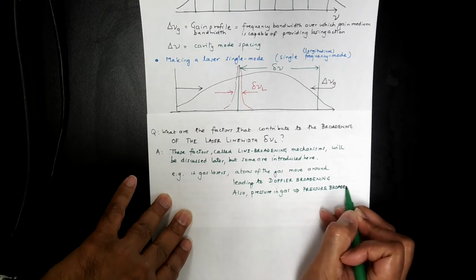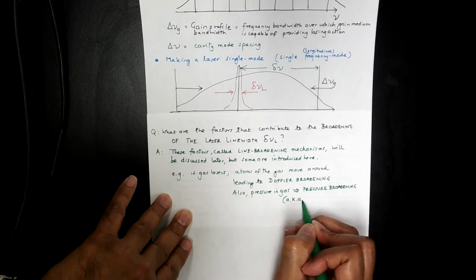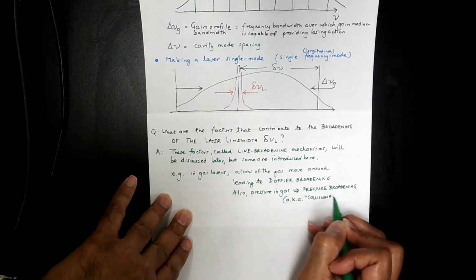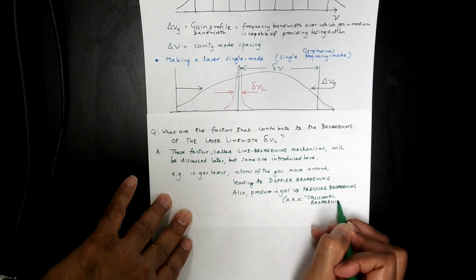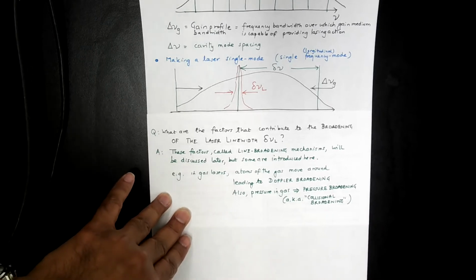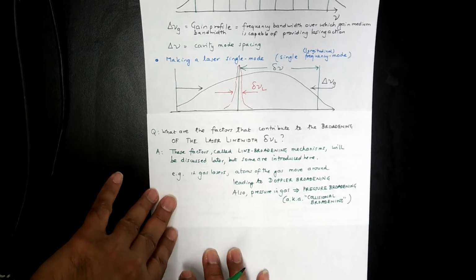Pressure broadening, also called collisional broadening. And once again, how quantitatively we can work that out, we'll see later. Okay, so these are examples in gas.